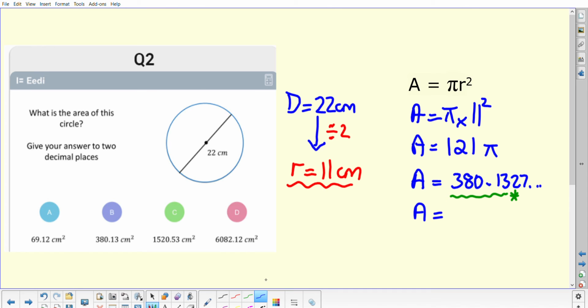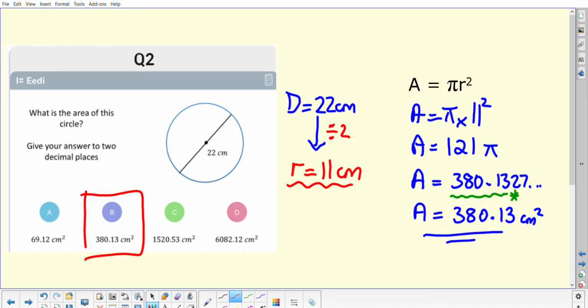So because that's less than 5, we don't round up, it just remains as 0.13. So 380.13, the units are square centimetres, and you'll see that that matches to answer B.